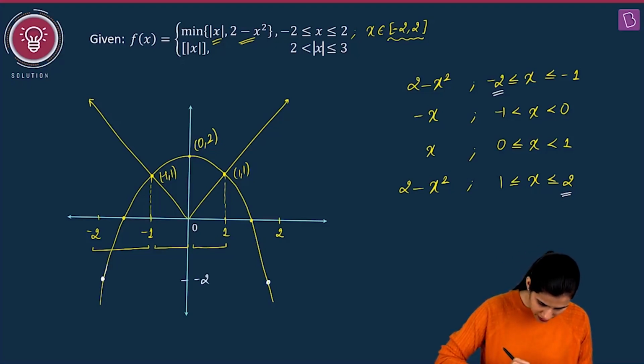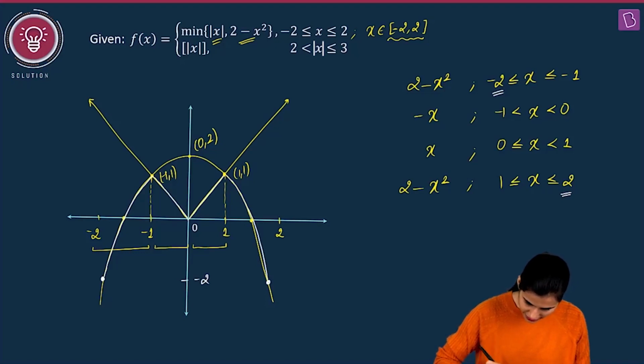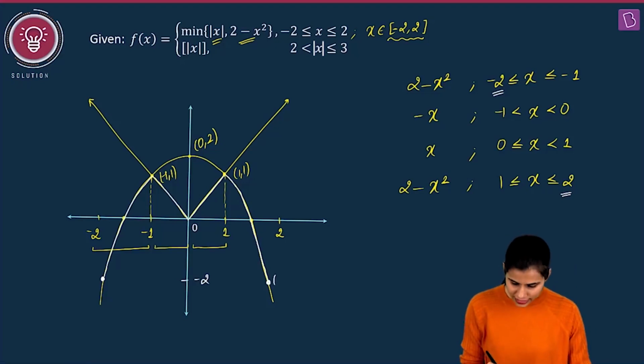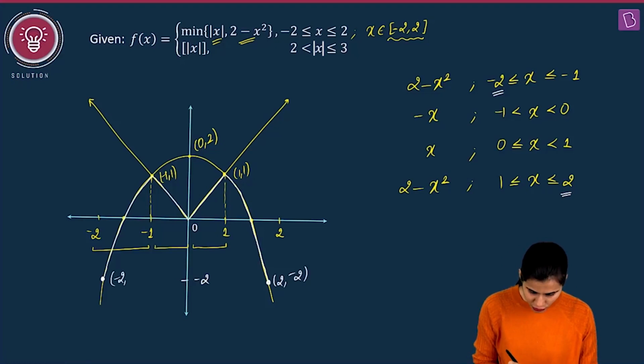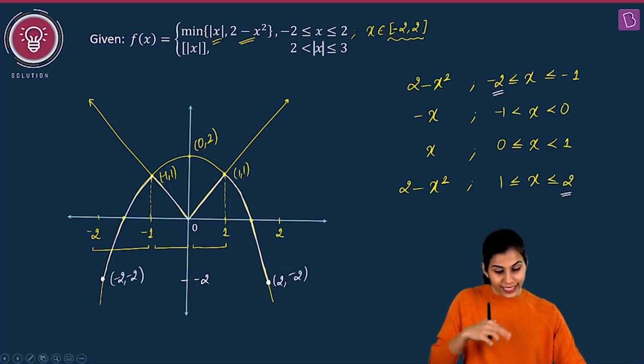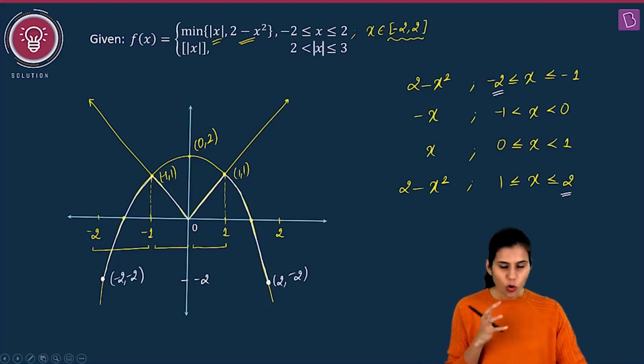So from here to here, then this, and then this till here. All right. So this is 2, -2. And this is -2, -2. The white graph that I have is the graph of the function f in the -2 to 2 closed interval.